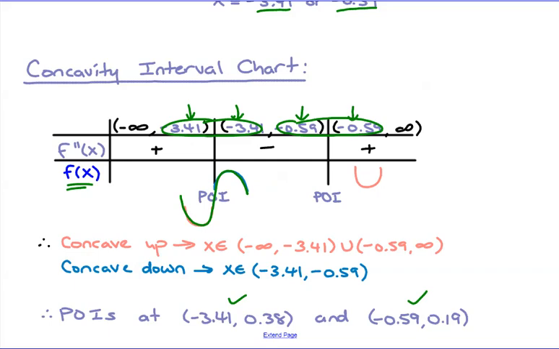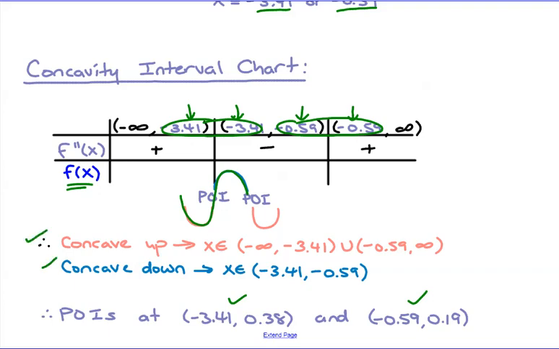Then you'll have your second point of inflection, which is right here, because then this guy's going to go back down again. Okay, they might not look like U's like that, so curvy, but they do have the general shape of increasing and decreasing slopes.